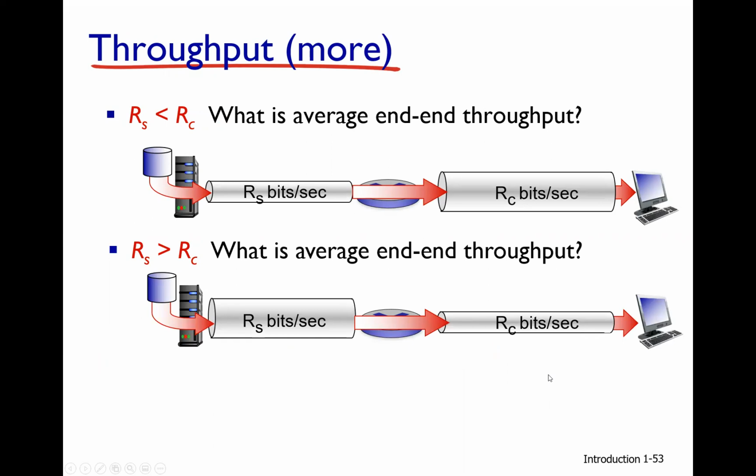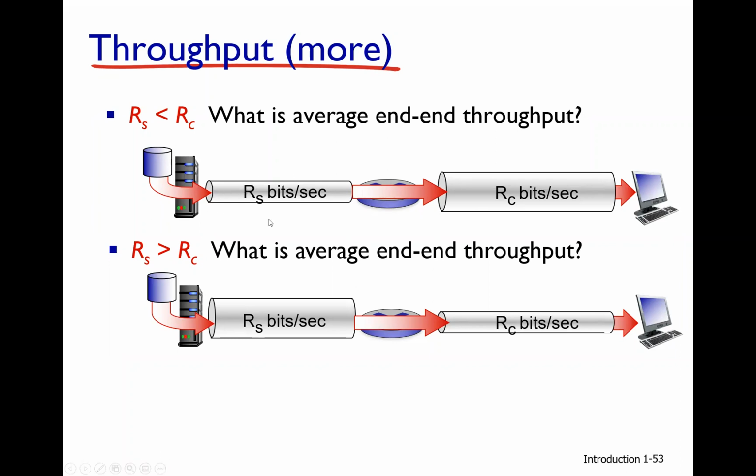Here is a further explanation of how average throughput is determined by multiple hops. Consider another theoretical scenario where we have two hops between the server and our end system: two links connected with one router, and they have different link capacities or throughputs.